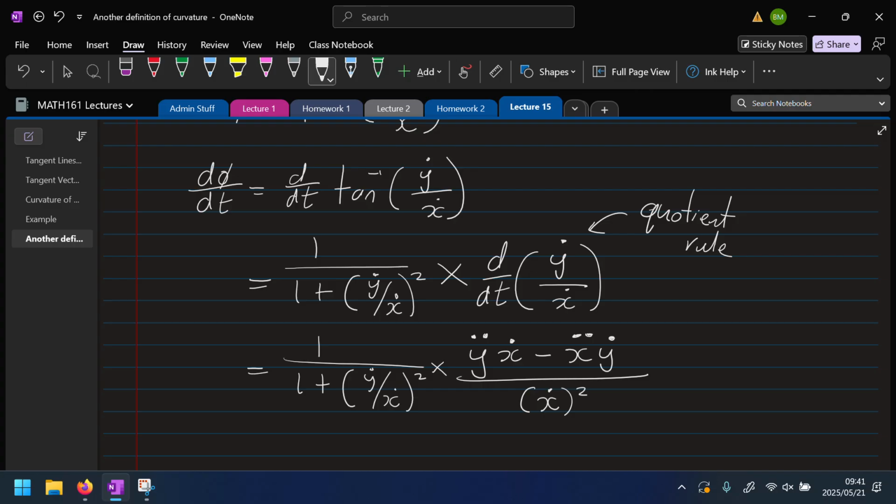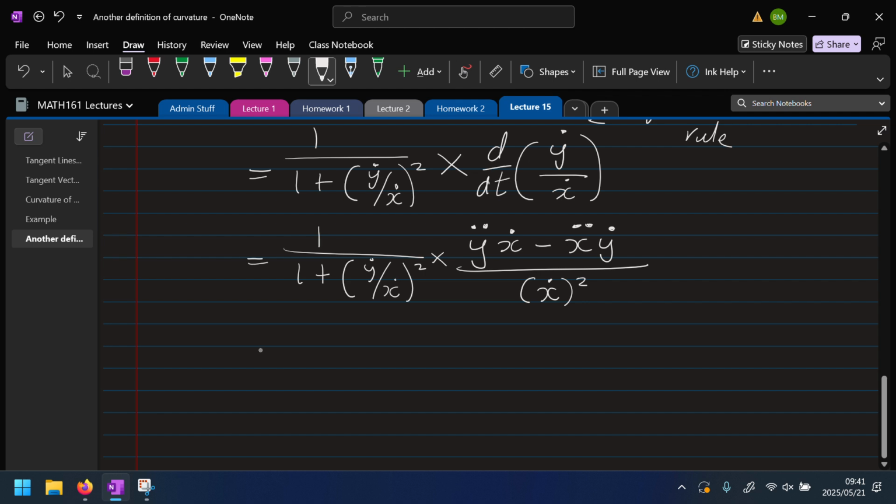Now we can simplify this a bit. x dot squared, we can multiply onto this first term, and then we can keep the numerator the same. So we're going to have y double dot x dot minus x double dot y dot, over x dot squared times 1, that's just x dot squared, plus, and then we have y dot squared over x dot squared, so that cancels, and we're left with y dot squared.